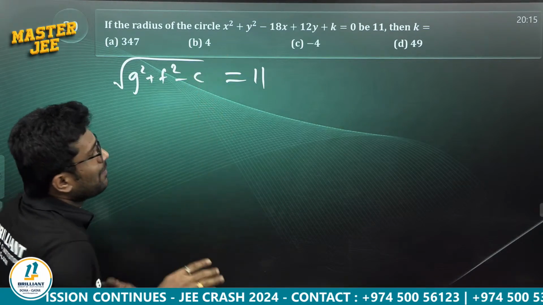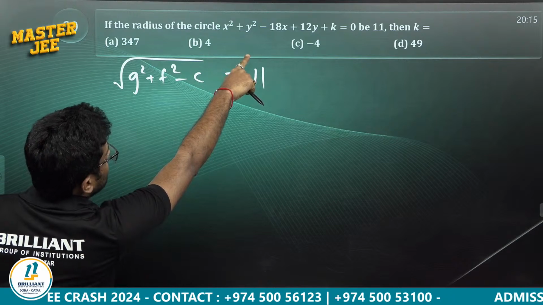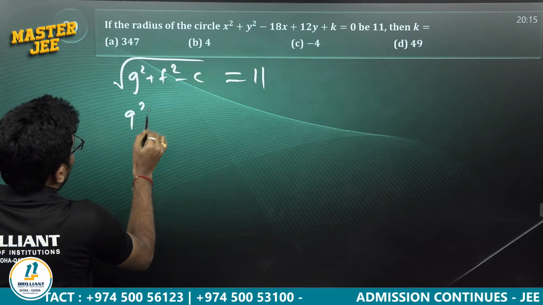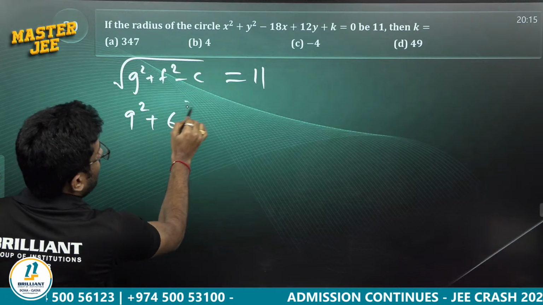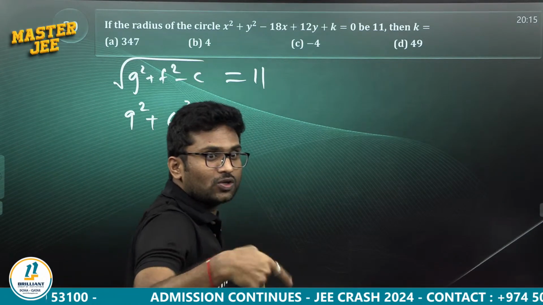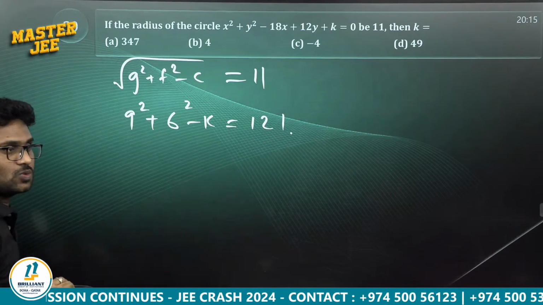See, root g square plus f square minus c. What is the value of g, friends? g is 9. So 9 square plus f square, 6 square, minus k is equal to the square of 11, which is 121.